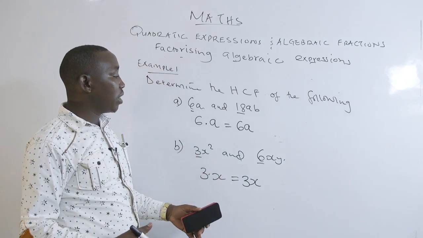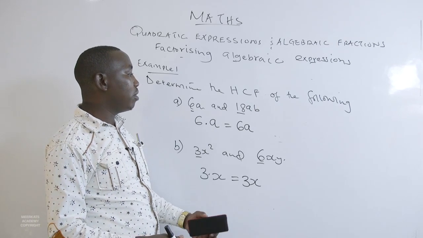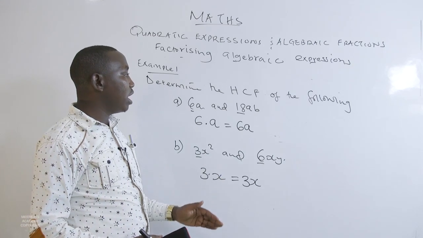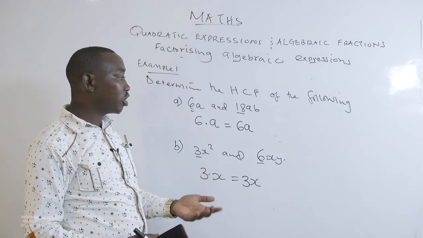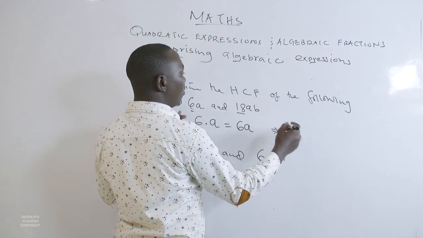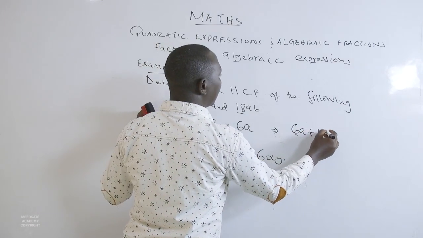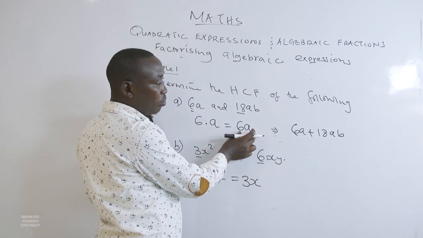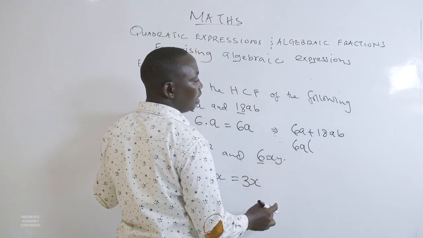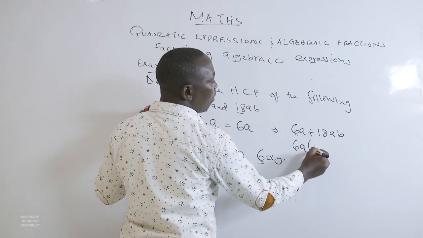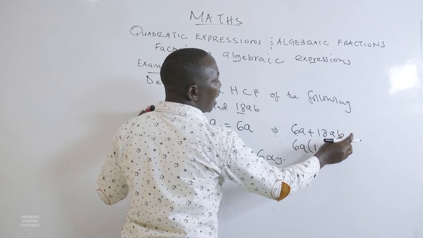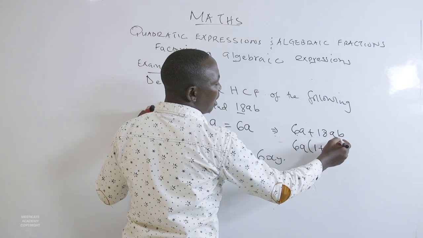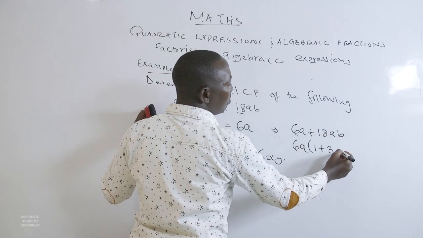And in the coming examples, we shall be required to use this highest common factor to factorize expressions. Like in this case, if you are given 6a plus 18ab and you wanted to factorize it, you need to get the highest common factor first. That will be 6a. 6a goes into 6a once, 6a goes into 18ab, first 6 goes into 18 3 times, then a goes into ab b times.